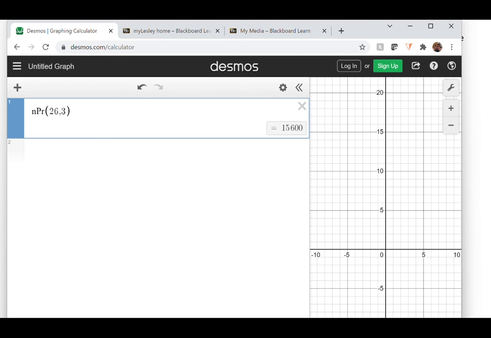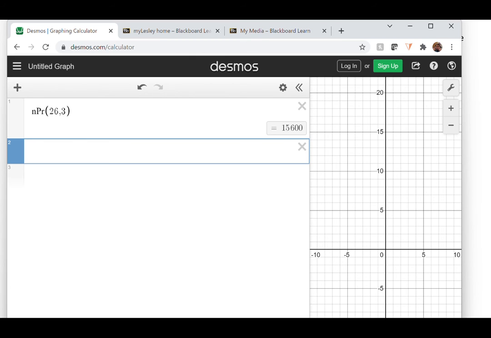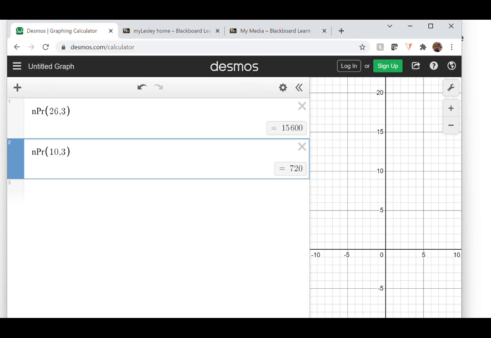And so we get 15,600. And that second one for the 3 numbers, so choosing 3 objects out of 10, would be nPr, 10 comma 3. And so there's 720 ways to choose those 3 numbers.